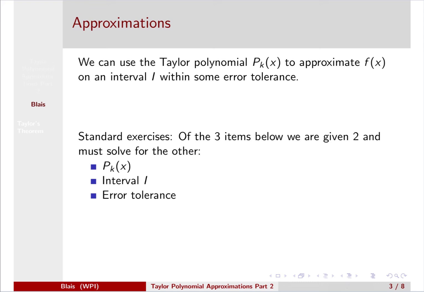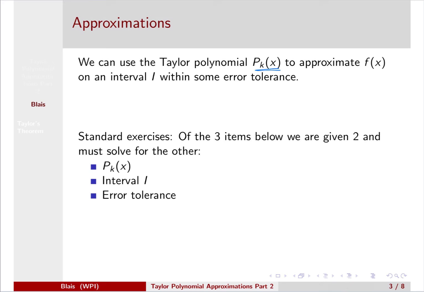In the first part, we looked at problems where you're dealing with approximations. We use the Taylor polynomial pk of x to approximate the function f of x on an interval I with some error tolerance. And we noted that you can be given two of these and asked to find the third.